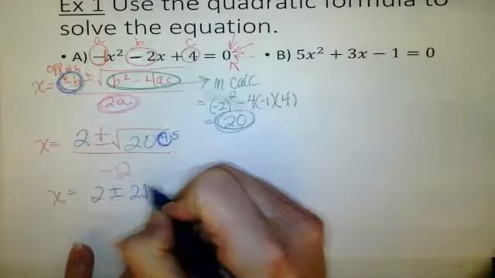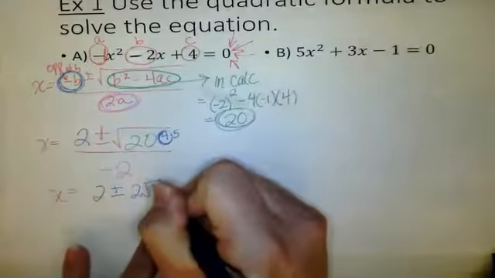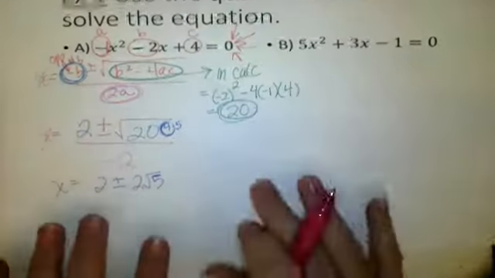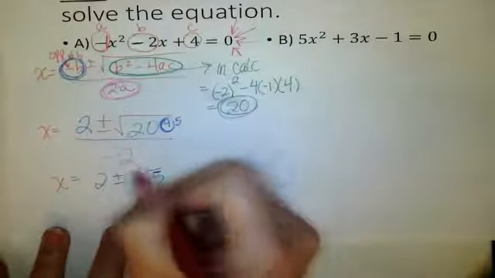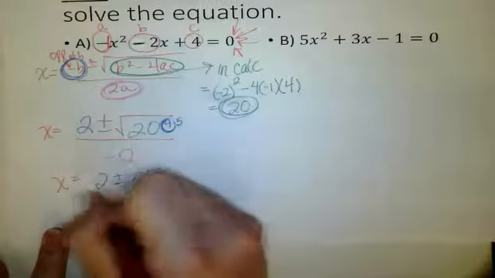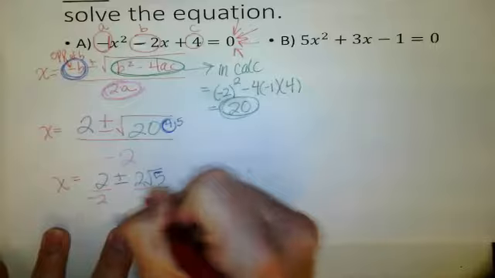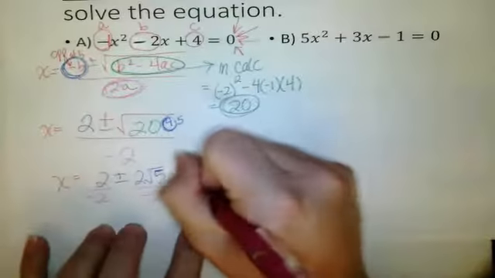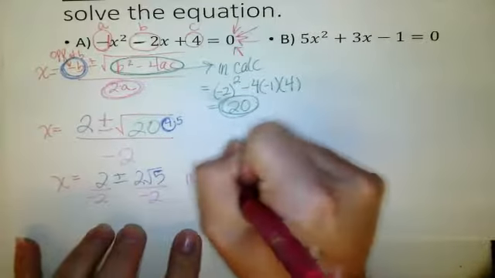I can't do anything with the radical 5, so it stays underneath the radical. And then to reduce properly, this -2 divides both terms. So I lovingly like to say divide and conquer. Split it up and reduce your fractions if you can.